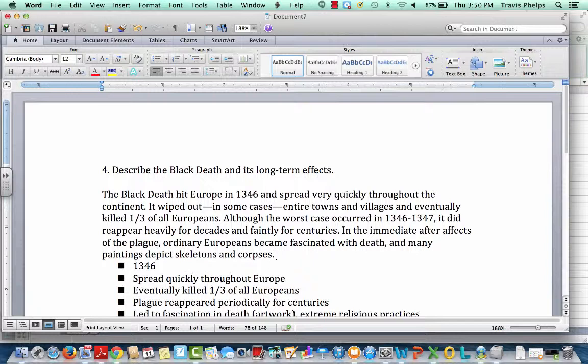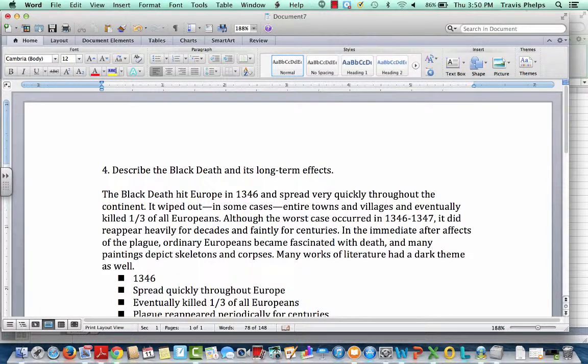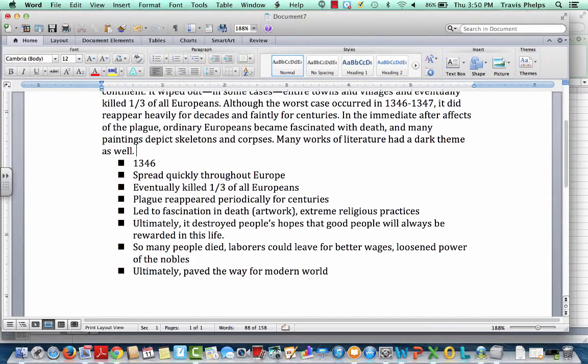We have that, and we can also say many works of literature had a dark theme as well. So we've got that.